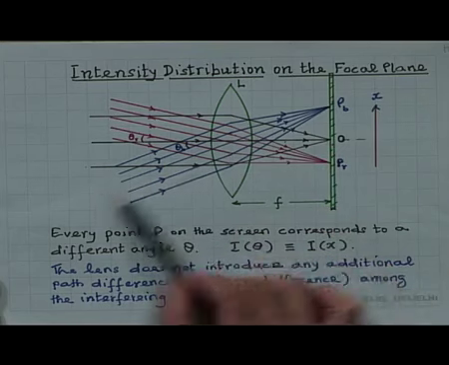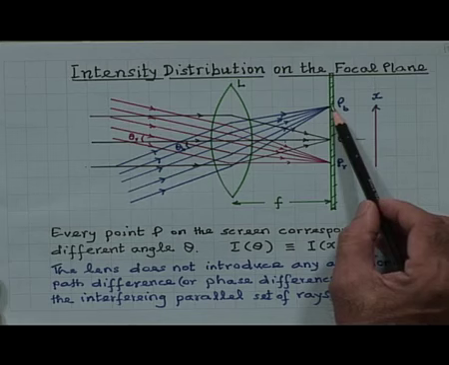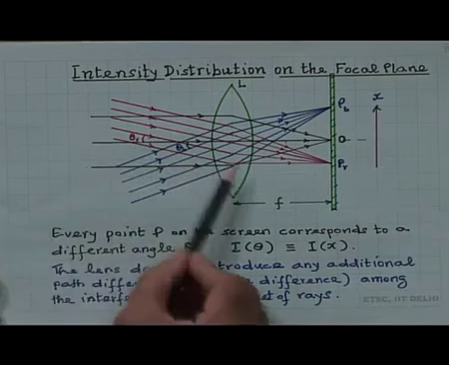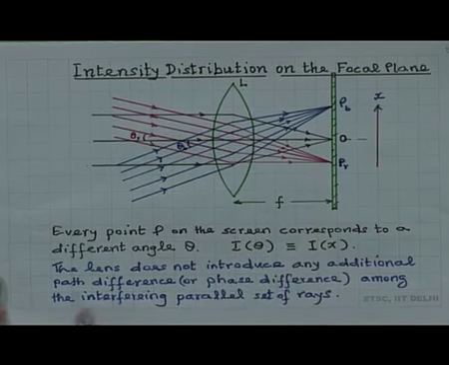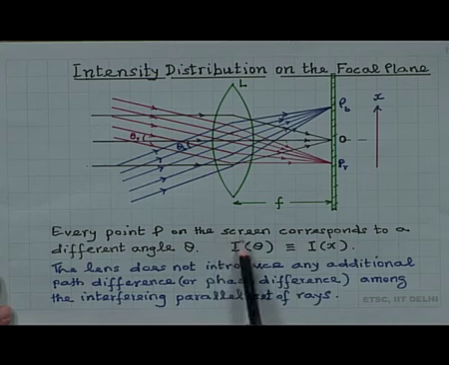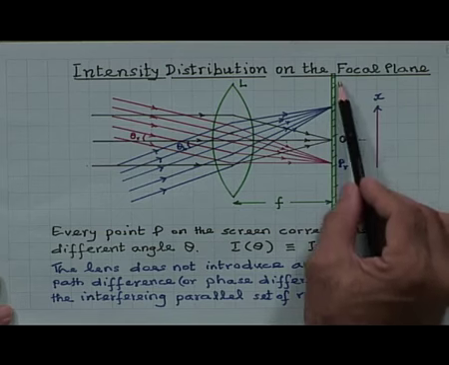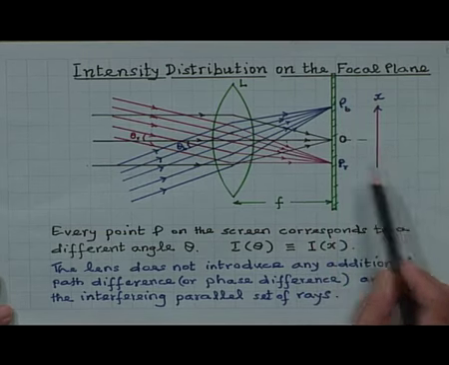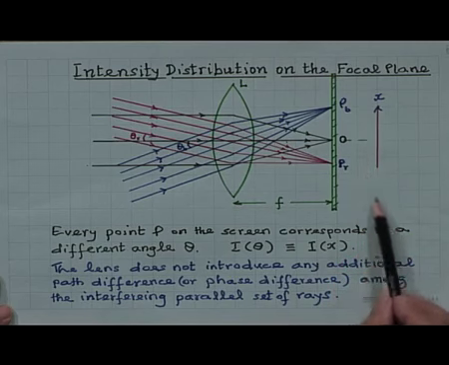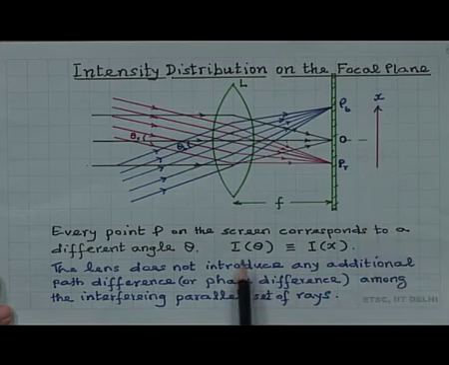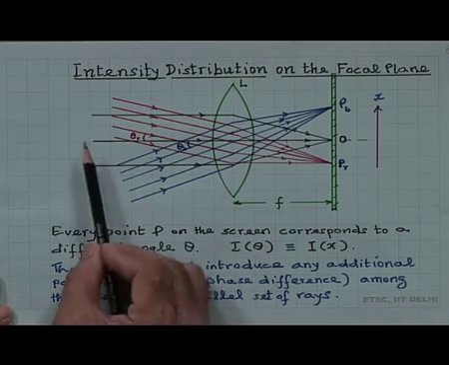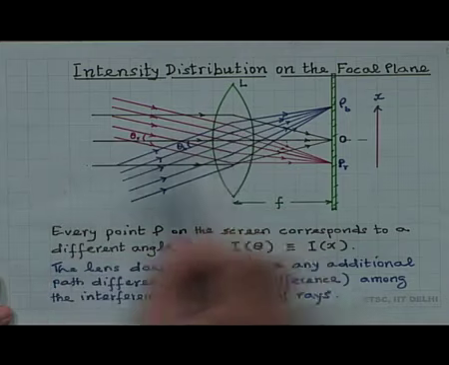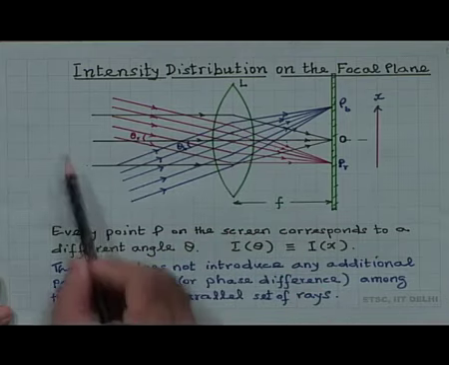If you put parallel rays tilted, it reaches a point here, and if you put parallel rays tilted in a different direction, it reaches a separate point. Therefore, every point P on the screen corresponds to a different angle theta, and if this is the x direction, the intensity distribution along x will be identical to the intensity distribution I of theta, where theta represents the angle at which the rays are coming out from the aperture.